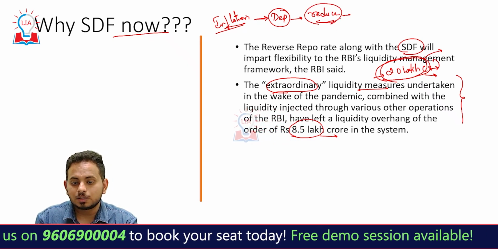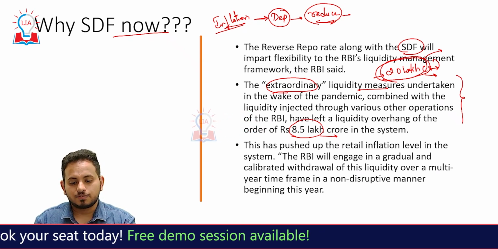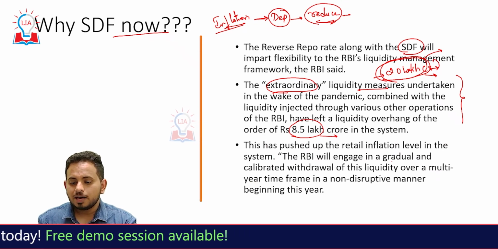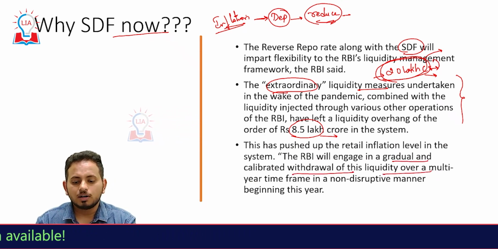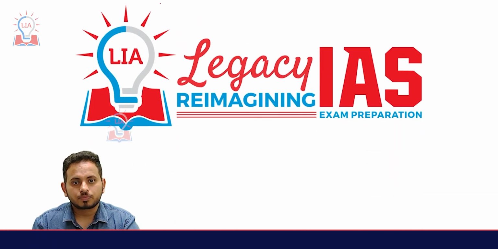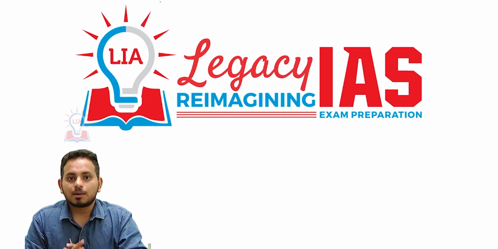So this is the reason why the RBI has come up with a monetary tool that is called SDF. The RBI will engage in a gradual and calibrated withdrawal of liquidity over a multi-year time frame.